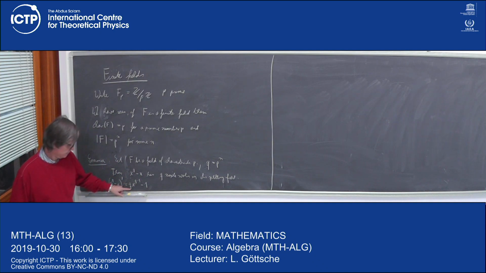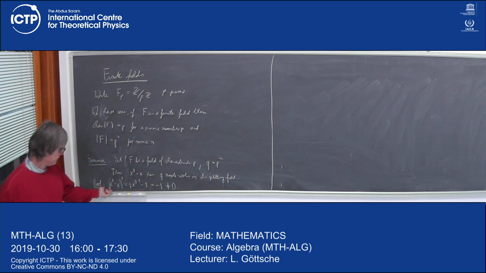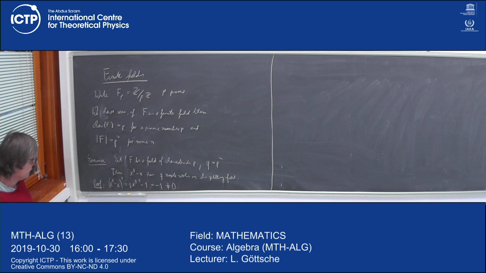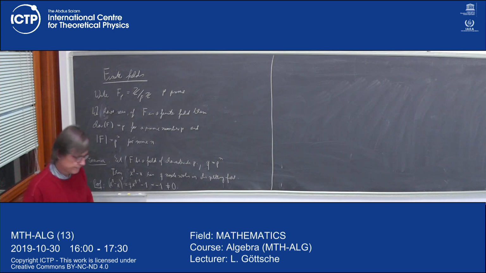No, it's p to the n. q is equal to 0 in our field. So the derivative is minus 1, which is different from 0. So the derivative of this thing is the constant polynomial minus 1. And so therefore the derivative has no zero. And a multiple root is always a common zero of the polynomial and its derivative. So the polynomial can have no multiple roots.